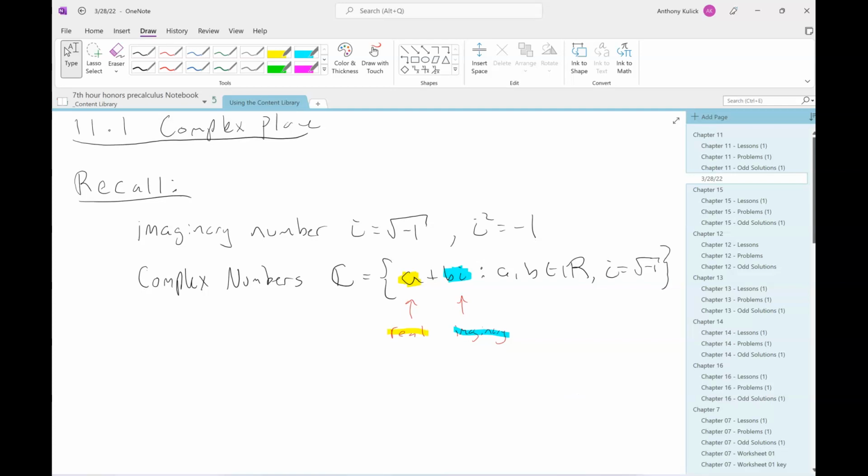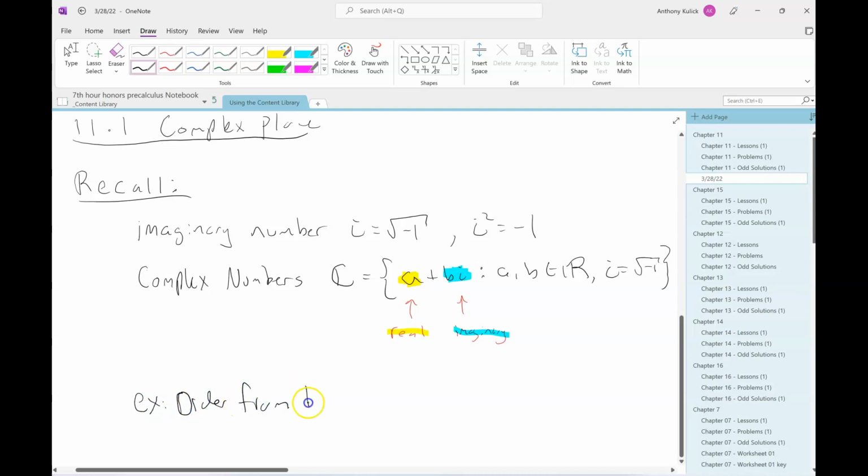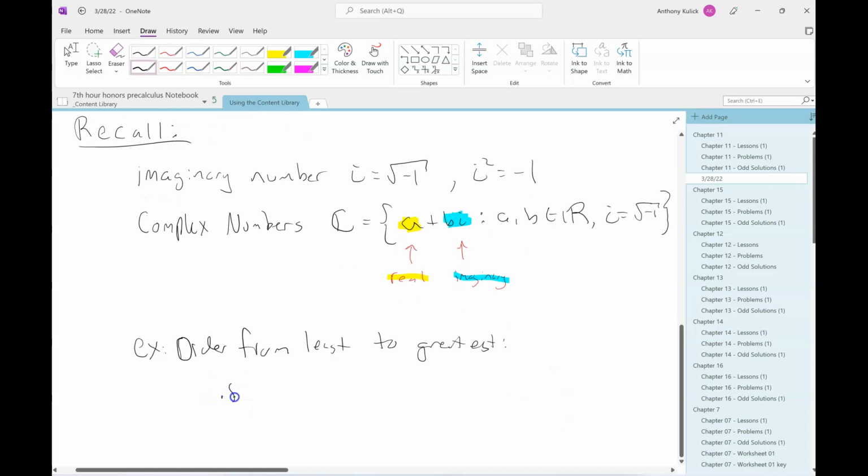So if we were back working with the real numbers, and I asked you to order these numbers from least to greatest, and we had like, I don't know, 0.83, 5/6, 10/13, 7/9, and like the square root of 3/5 or something.